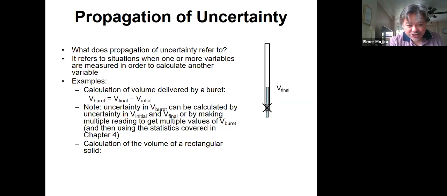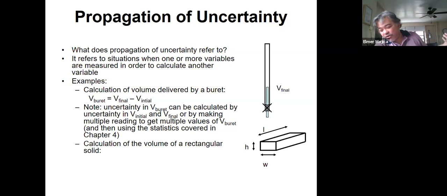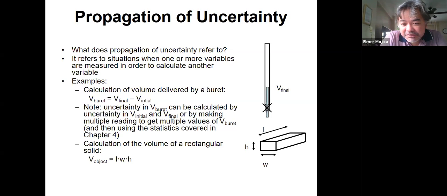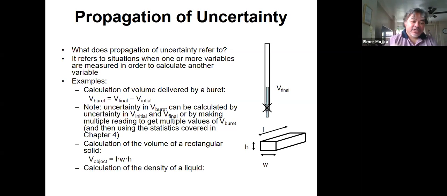And the calculation that we can have here, if we have the volume of a rectangular solid, is volume equals length times height times width. And if we have to calculate it with respect to the density of a liquid, we have to take into consideration the mass of the liquid. So how are we going to do this propagation of uncertainty?